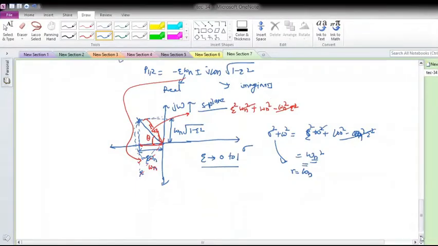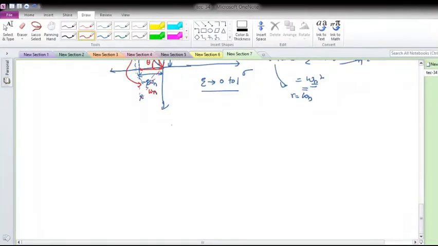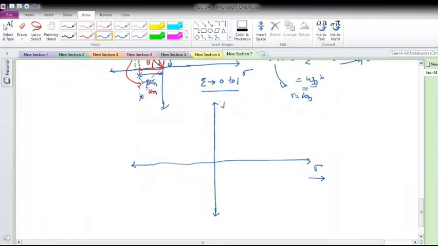Let me draw it on one more diagram on the S plane. Say this is my complex S plane, its real part is sigma and imaginary part is j omega. Suppose I have the pole locations of the second order system like this. If one pole is on j omega, obviously the other pole is on minus j omega, because it's a pair.